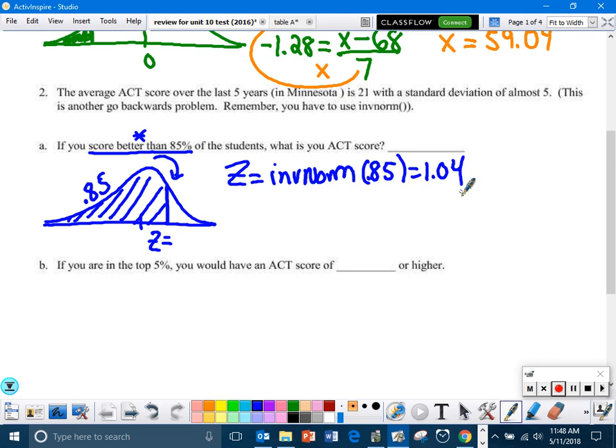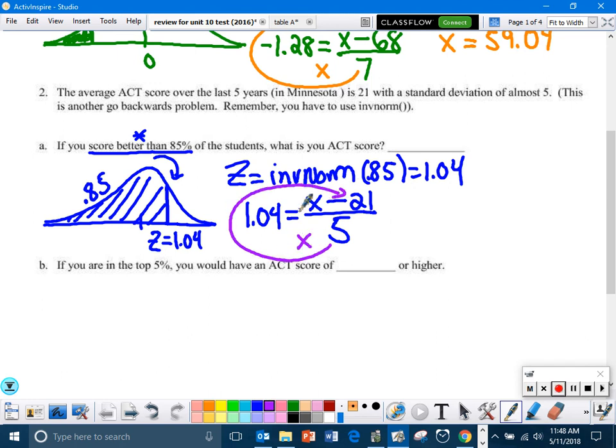All right, plug your numbers in. 1.04 is going to equal x minus the mean, which is 21, divided by the standard deviation. We're going to go ahead and undo that.